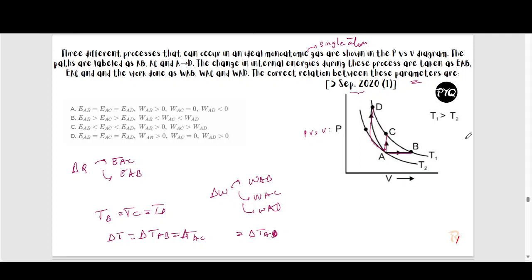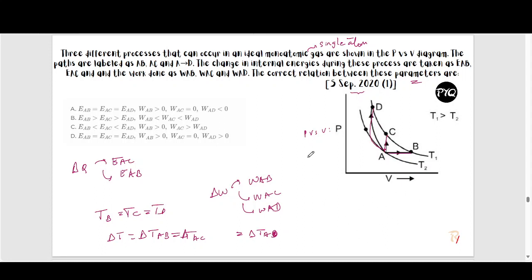Monoatomic gas: the only monoatomic ideal gases are helium, neon and argon.